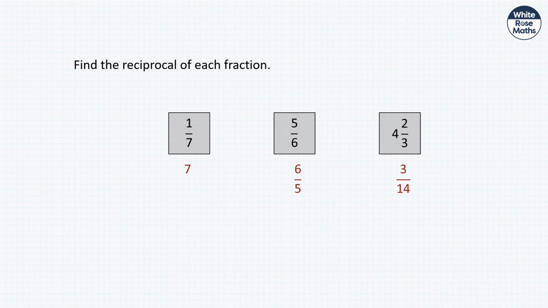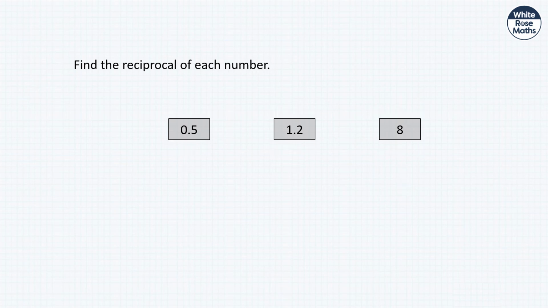There we go. Find the reciprocal of each number. 0.5 should be 1 over 0.5, which is equal to 2, because dividing by 0.5 is the same as doubling your answer, multiplying by 2. So that will be 2 there. That's 1 over 1.2, so times top and bottom by 10 so I don't have a decimal point. I get 10 out of 12, which simplifies to 5/6.